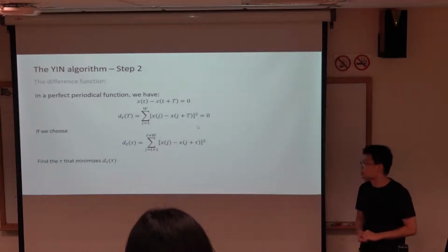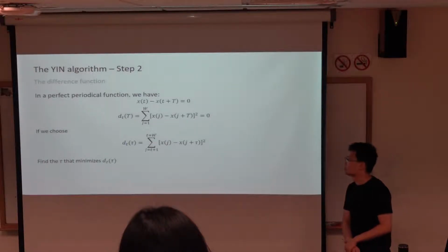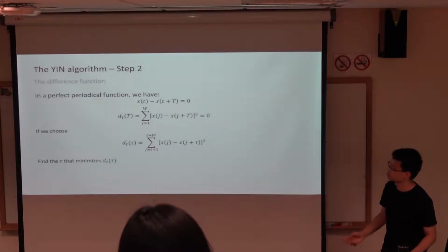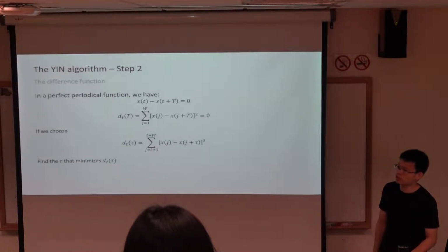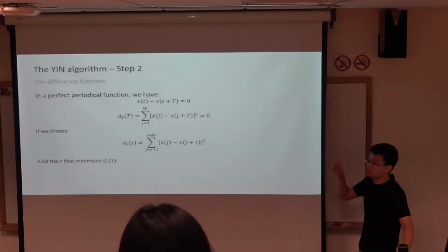So the problem becomes, I want to find a tau that minimizes this function. It should be very similar to autocorrelation, other than that I want to find a minimum rather than a maximum.